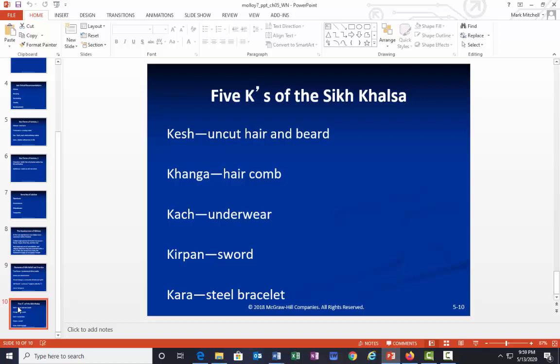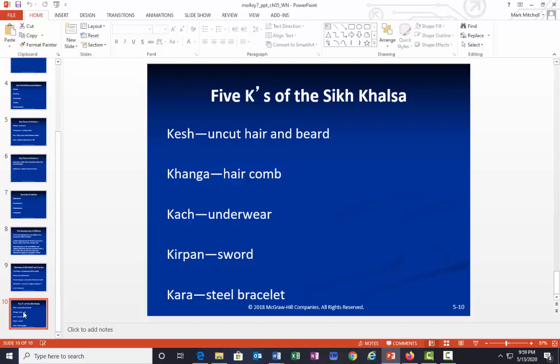The kirpan is the sword for defense, that knife or dagger that they keep at the side. It looks kind of imposing. And then the kara is a bracelet of iron or steel that symbolizes strength. The author actually encounters a Sikh, and the Sikh is proud of his kara and shows the author what it's about.